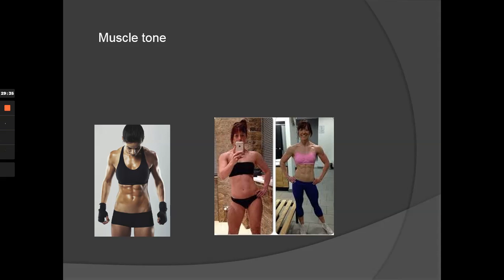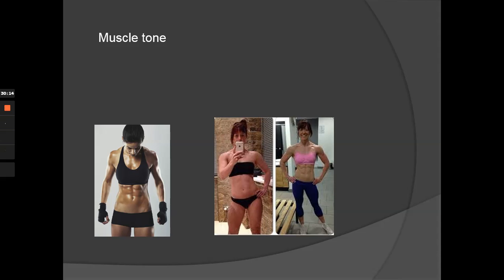When we talk about muscle tone, a lot of times people wonder, do I have muscle tone or don't I? If you do have muscle tone, like the pictures we're imagining, we can see an outline of the muscles underneath the skin. Now, as it turns out, everybody has muscle tone. It's just the degree of how much muscle tone you have. Of course, some people don't have muscle tone, and they have disorders which may cause that.